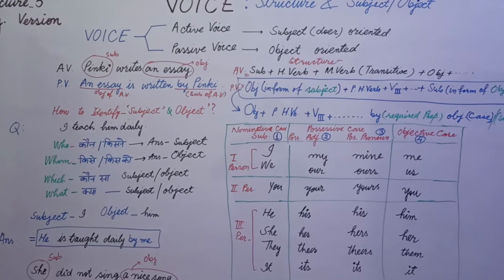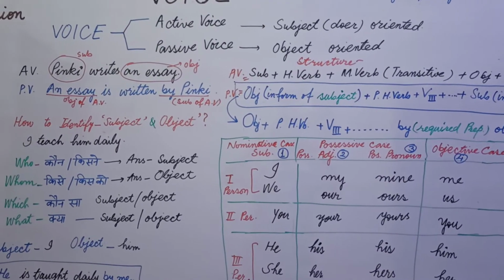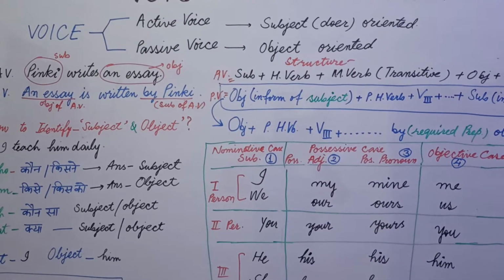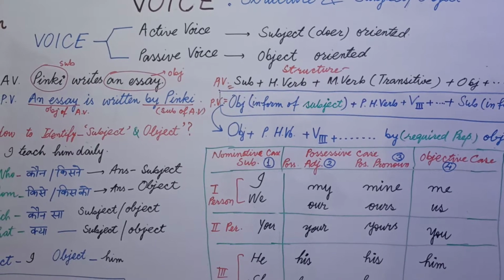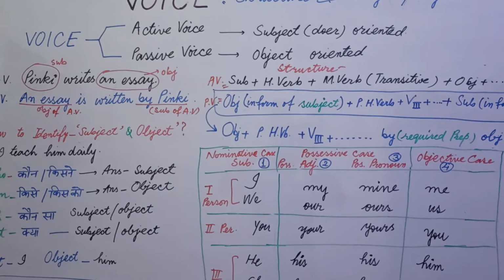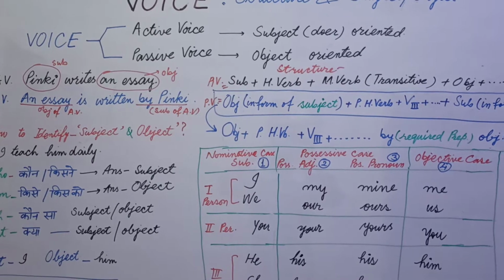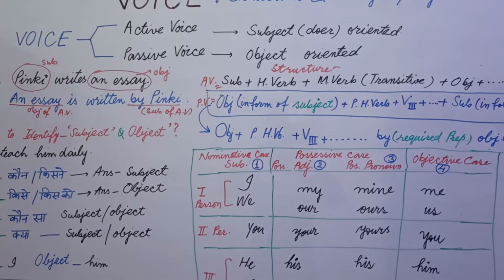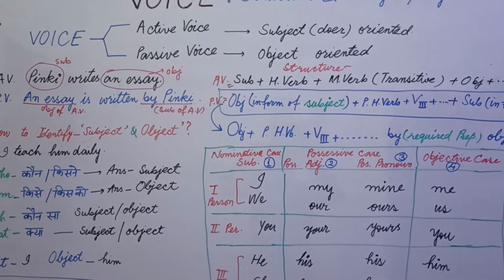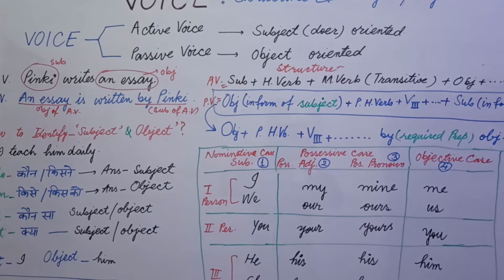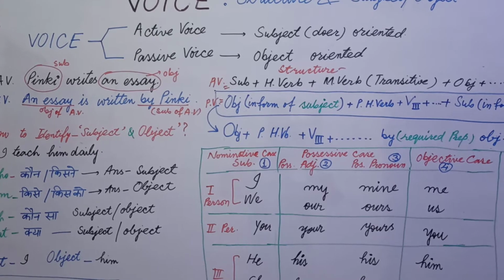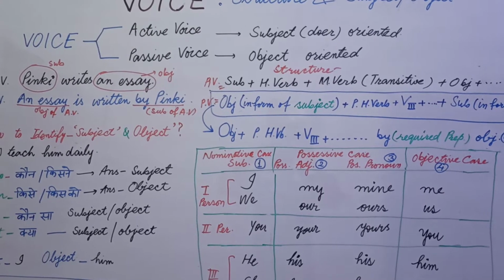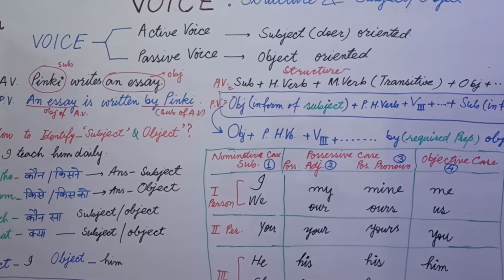What is voice? Now students, let's understand: voice is of two types, first active voice and second passive voice. Active voice is a sentence or structure that is based on the subject; you can say it is a subject-oriented sentence, a doer-oriented sentence. And passive voice is an object-oriented sentence, meaning the object is given importance in this sentence.